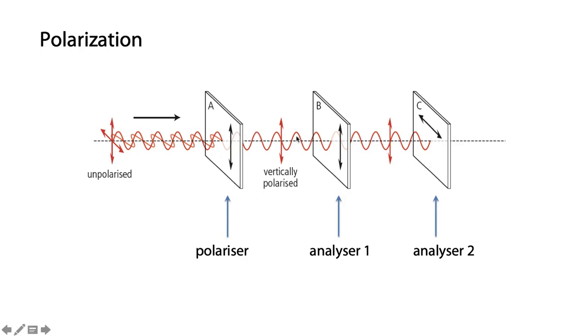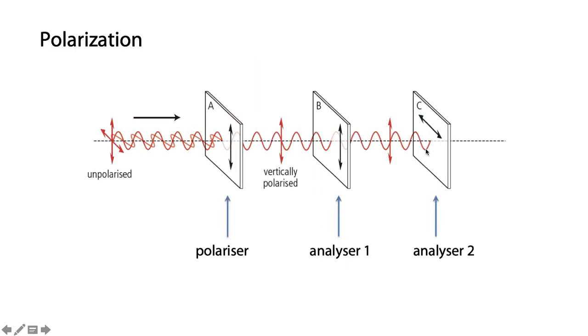Okay, so vertically polarized light then hits analyzer number 1. Now, analyzer number 1 is also vertically polarized, which matches the angle of polarization, so it passes straight through, no problems. However, when it meets polarizer 2, whose angle of polarization is horizontal at 90 degrees, right angles to the angle of orientation, it doesn't have any part of its wave polarized in this direction, so this blocks out the light completely.